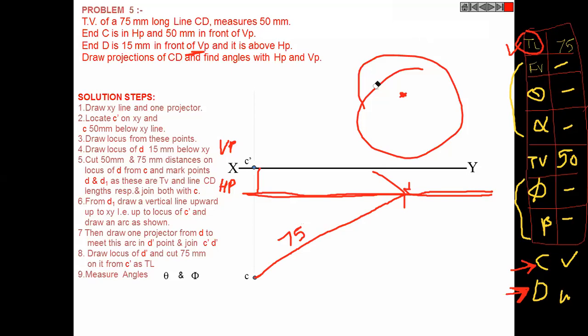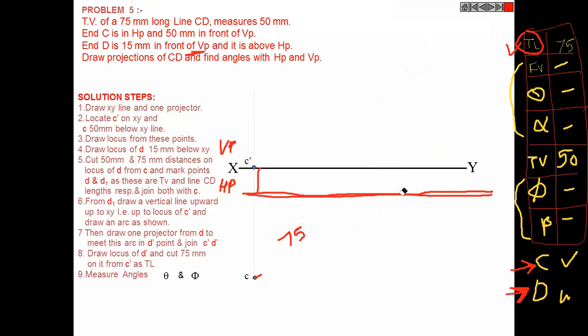Are you getting it? No, sir. Dear, we can find the location of D using these two values together. One thing is that D is 15 mm away from VP, so it can be anywhere here. All these points are 15 mm away.